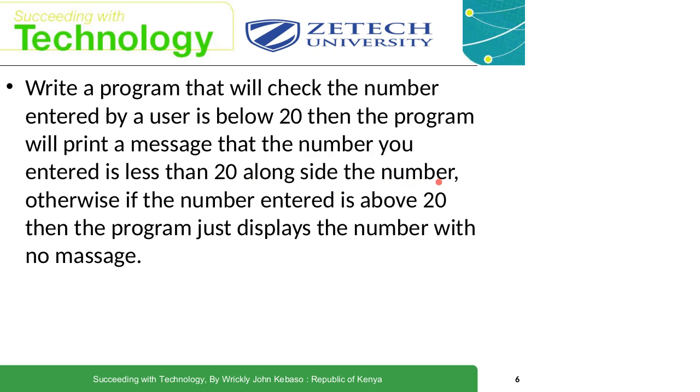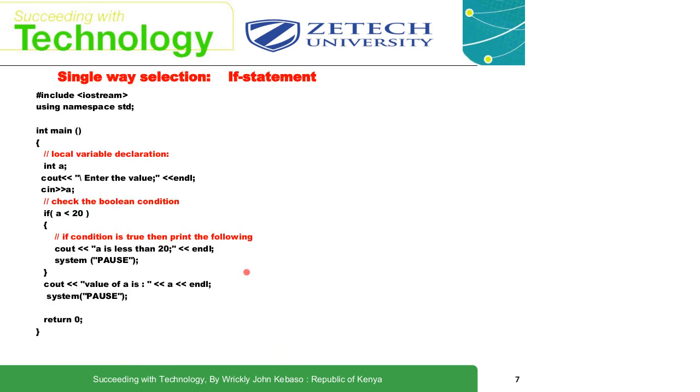So the number will be displayed plus this message. But if the number is found to be not below 20, then this message would not be printed. Otherwise, the number will be displayed without the message. So we want to see how this is achieved.